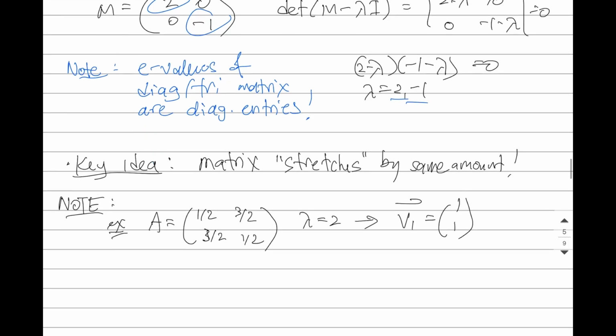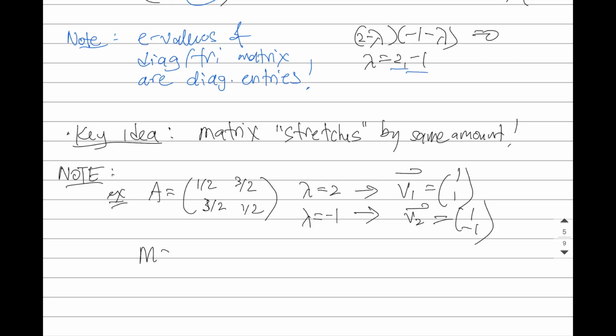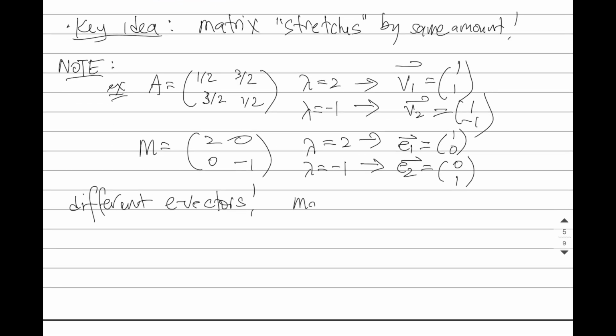Lambda is -1 would produce an eigenvector 1, -1. But if I were to take that matrix 2, 0, 0, -1 and compute the eigenvectors, I would find that they would be different. And that's part of the catch here. Similar matrices have the same eigenvalues, but they have different eigenvectors. But that's okay. This makes sense.